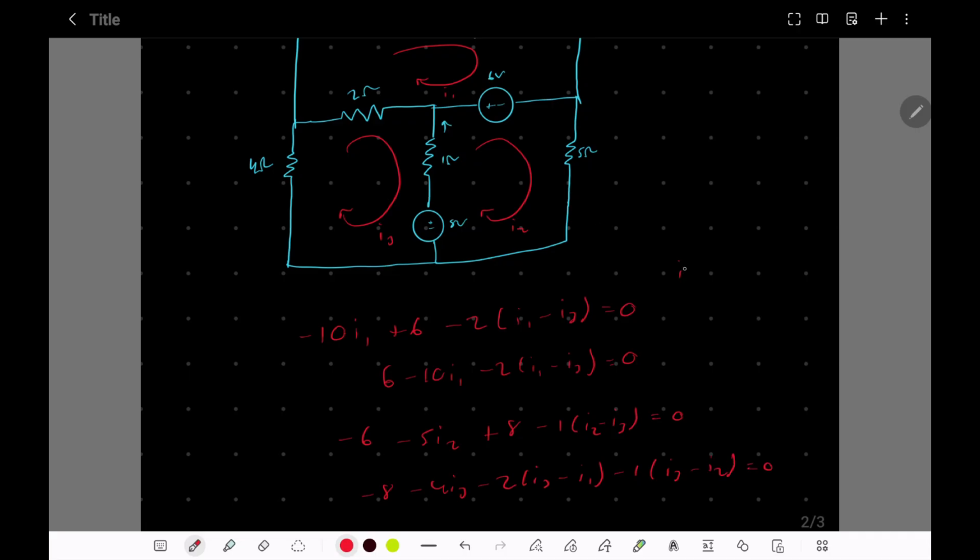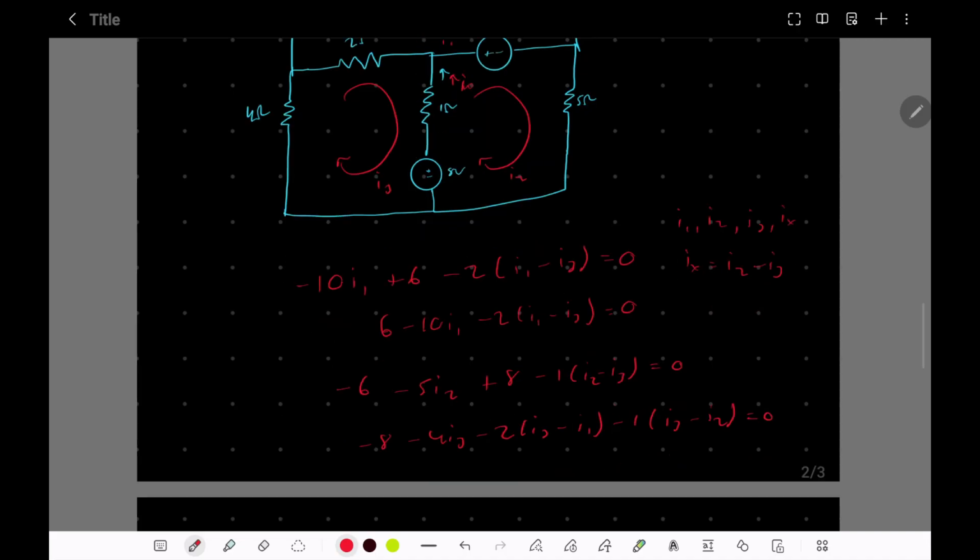So you have 3 unknowns and 3 equations, I1, I2, and I3. And we also have this current. We want to know the current through that branch. Let's call it IX. And so IX is just going to be I2 minus I3. So 4 equations, 4 unknowns.